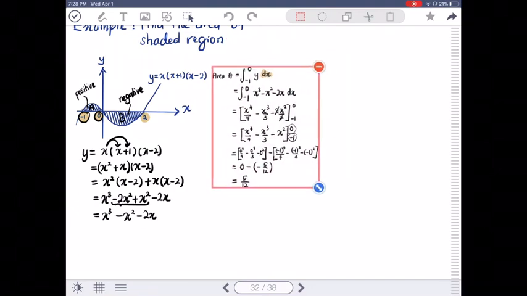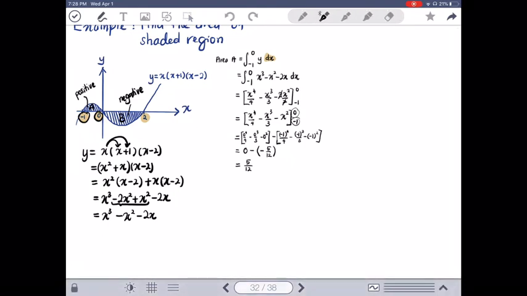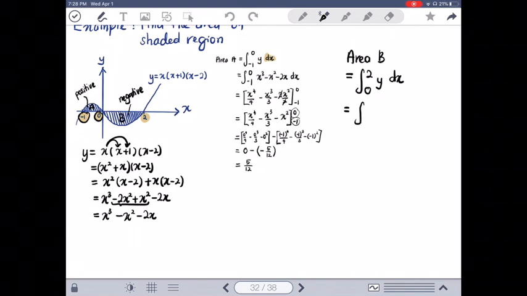Now we try to find area B. It's area B. So area B is just equal to integration from 0 until 2 of the same function y with respect to x.